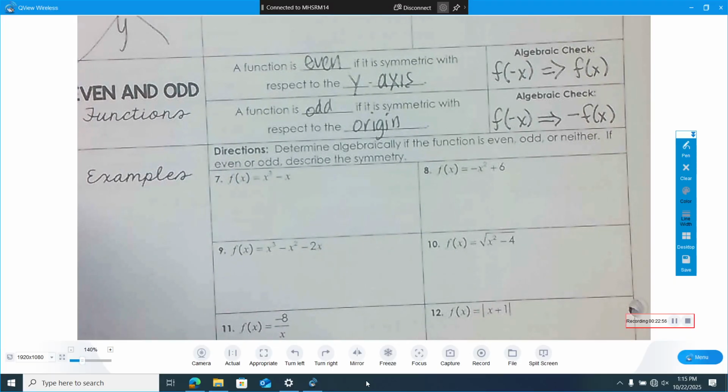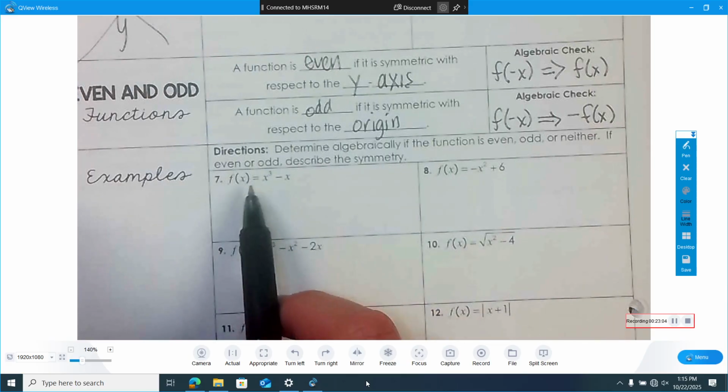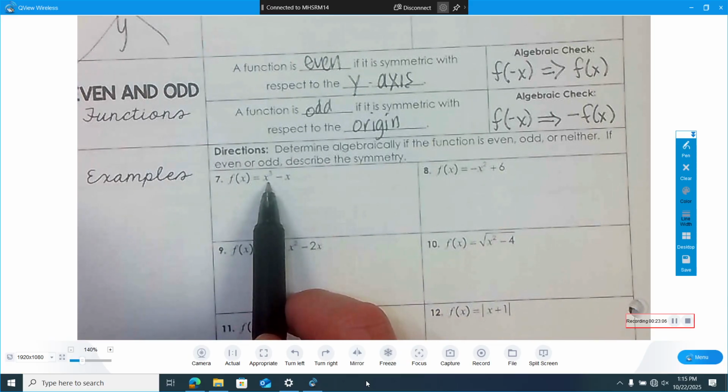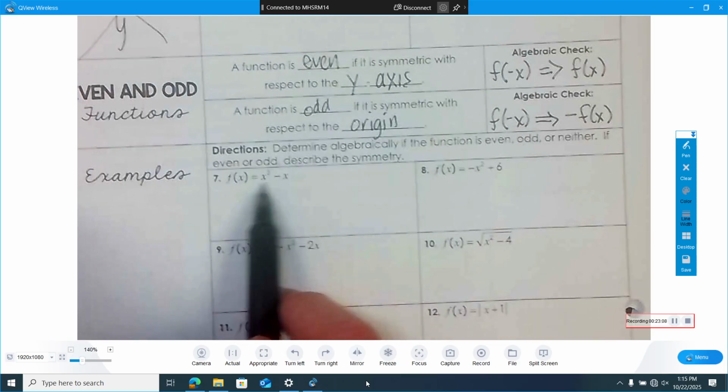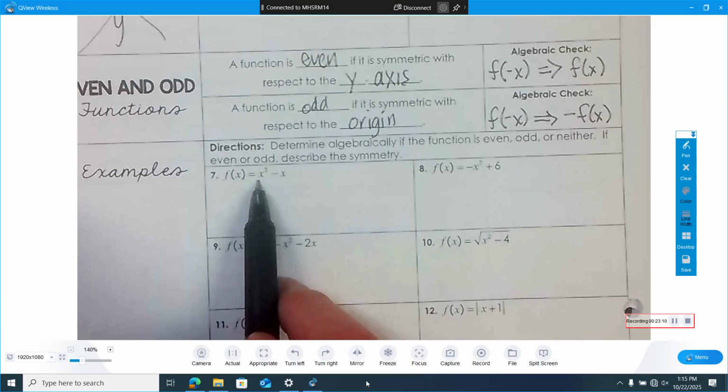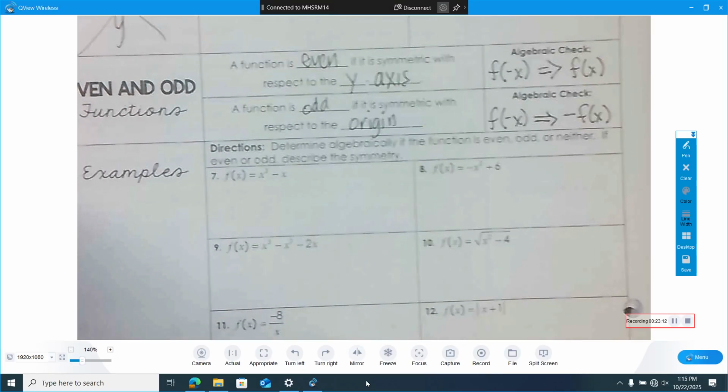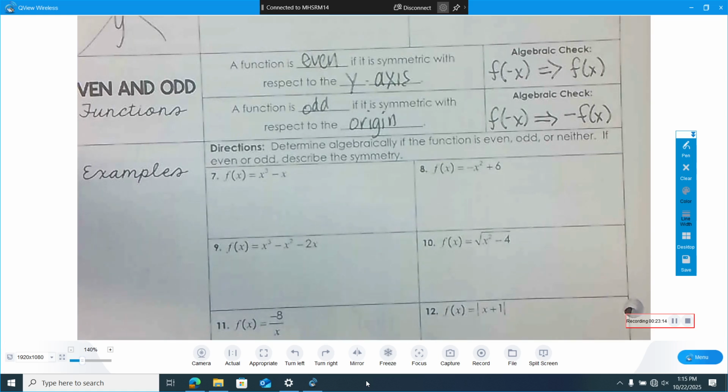We want to determine algebraically if the function is even, odd, or neither. Well, we're going to help ourselves out. Ladies and gentlemen, will you please take your calculators and give yourself a helping hand here? And let's take our function, and will you plug x cubed minus x in? And look at the graph.